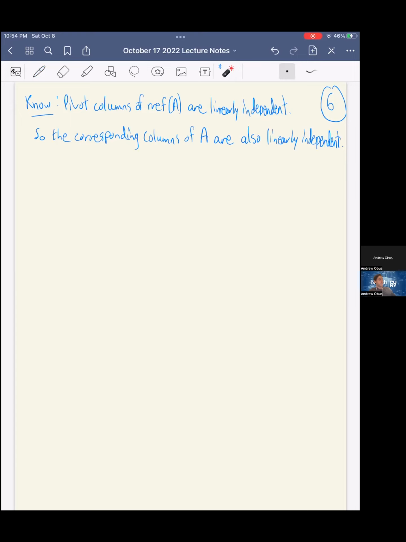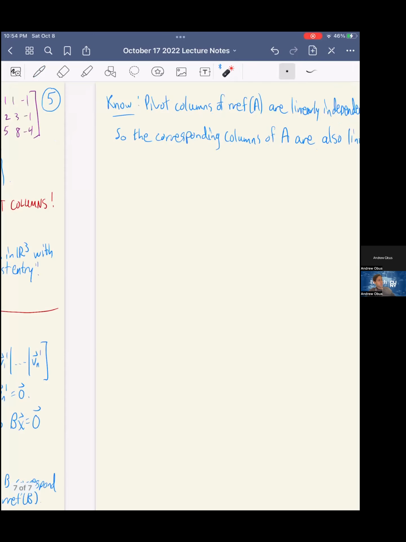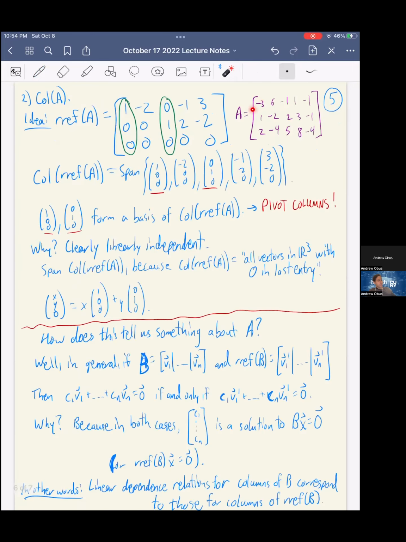Okay, so the fact that the pivot columns of the row reduced echelon form of A are linearly independent implies that the corresponding columns, in this case the first and the third column of A, are also linearly independent, right? So if we check this, -3, 1, 2 and -1, 2, 5, those are also linearly independent.